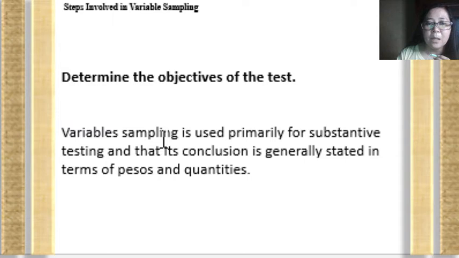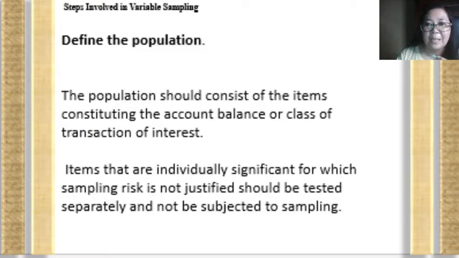First, the auditor should determine the objective for a certain test. Variable sampling is normally used for substantive testing because the auditor is concerned about the values or amounts of the accounts, and its conclusion is generally stated in terms of pesos and quantities.